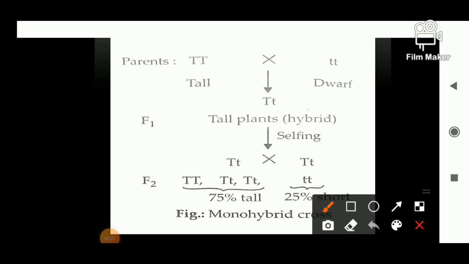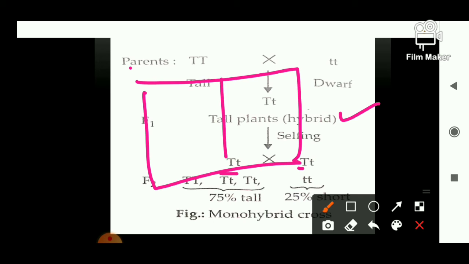Now self-pollination is done in these hybrids, है ना. So on doing the self-pollination to prepare the F2 generation, these two are crossed. Now see, with the help of the checkerboard, I will show you what are the expected combinations. This is one parent, this one is the second parent.